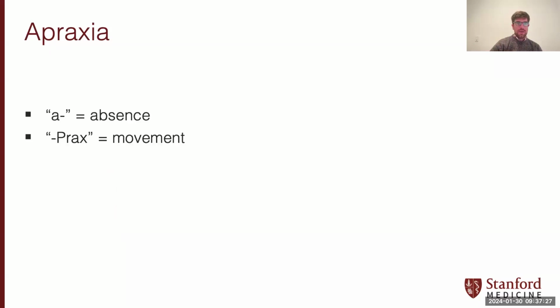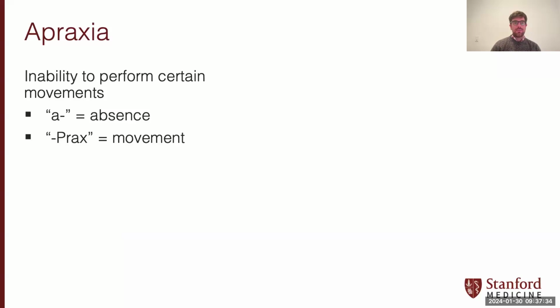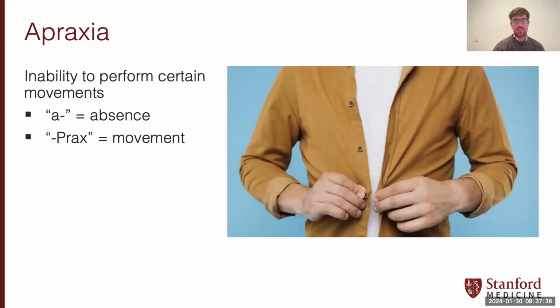So A is absence, so missing something, and then prax is movement. So apraxia is this inability to perform certain movements, or inability to initiate certain movements. Two common contexts where you'll see this are with strokes and Parkinson's. And one of the more common difficulties you see is in buttoning shirts.